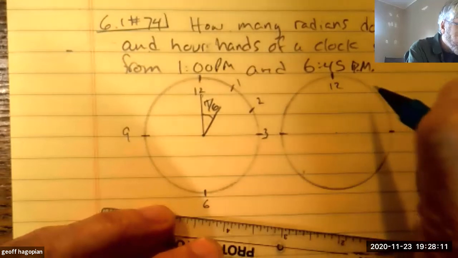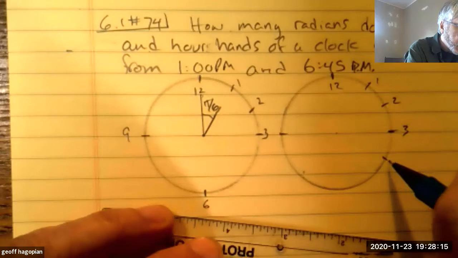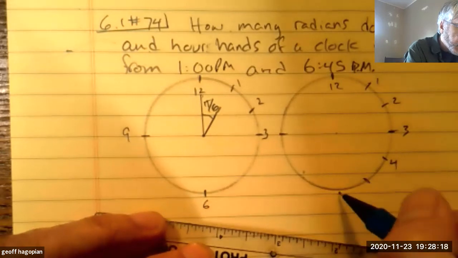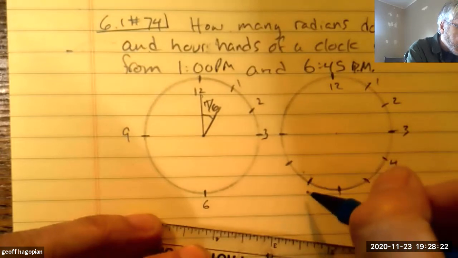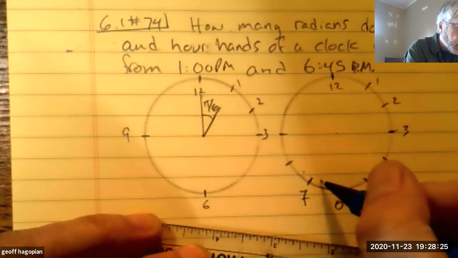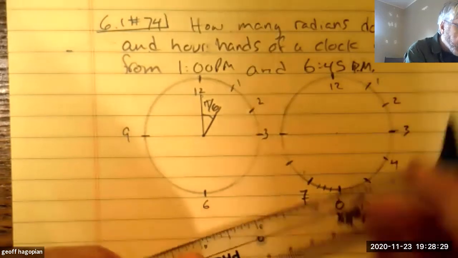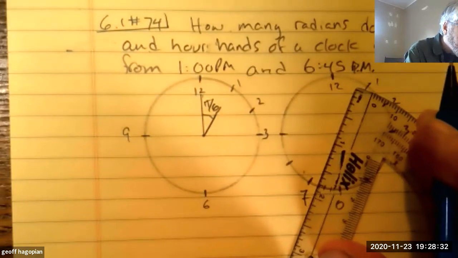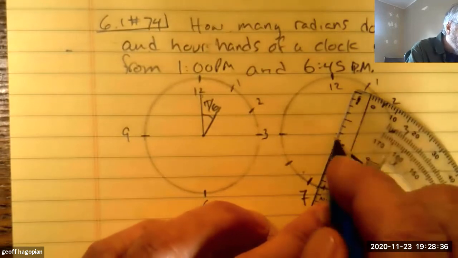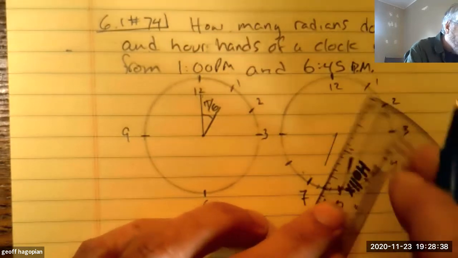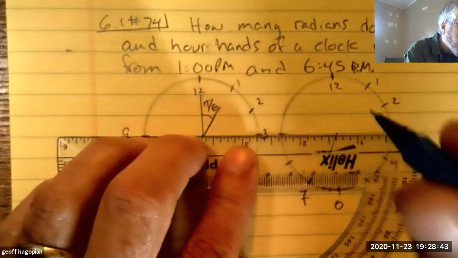Here, let's mark out 12, 1, 2. These are perfectly evenly spaced. 6. So here's 7. At 6:45, you'd be 3/4 of the way between 6 and 7. And so here's the hour hand. And here is the minute hand, pointing at 9 o'clock, right?